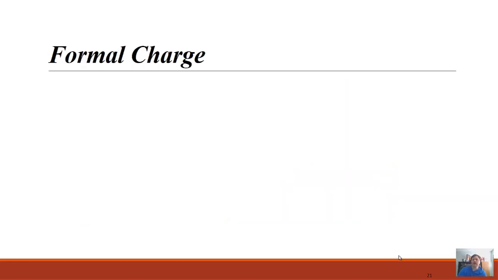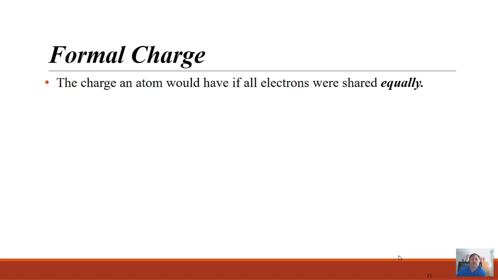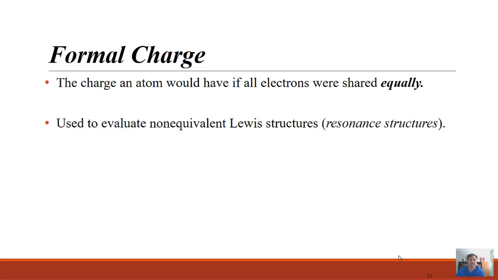To figure out which of the resonance structures is probably the best or most likely, we use something called formal charge. Formal charge is the charge an atom would have if we were sharing all the electrons equally between all the atoms. We use it to evaluate what we call non-equivalent Lewis structures, or the resonance structures.